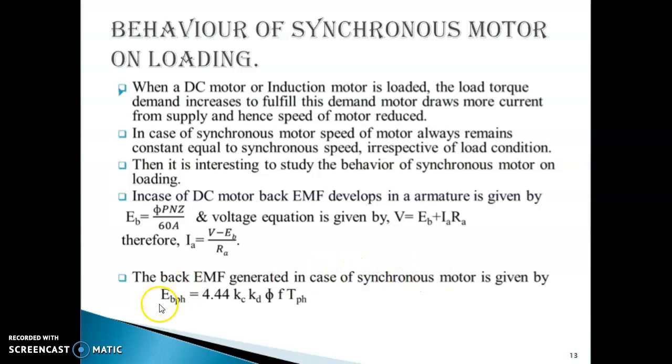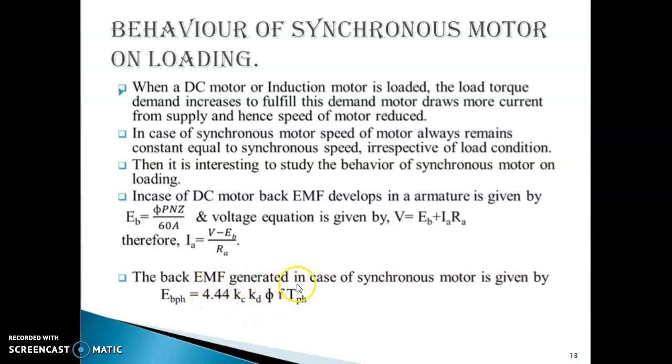Now this back EMF is given by Ebph = 4.44 Kc Kd phi f Tph. Now if you observe this equation, these whole terms are constant: Kc, Kd and Tph, the number of turns per phase. And as our motor is a synchronous motor, the speed is always constant, which is synchronous speed. So this frequency is also constant.